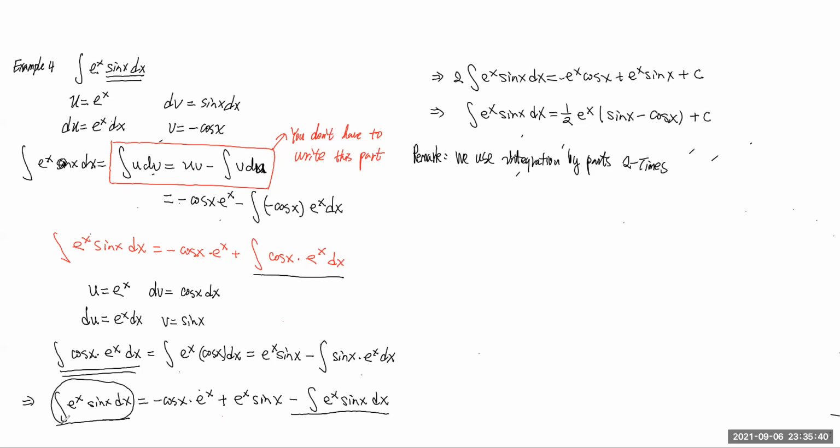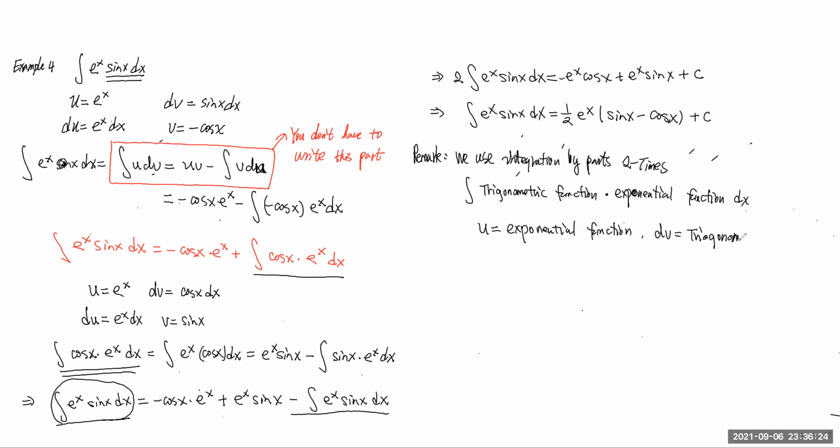So in general, if a question is like this, where we have a trigonometric function times an exponential function dx, we always assume u is the exponential function, and then dv is the trigonometric function dx, and then you apply integration by parts 2 times.